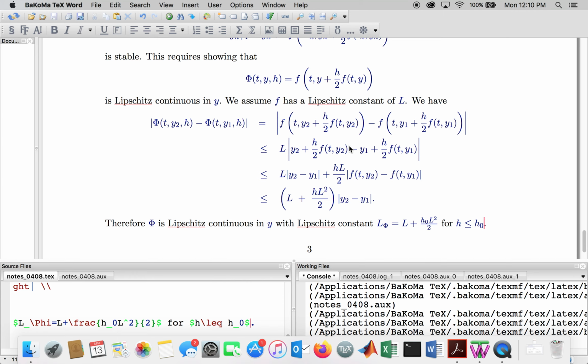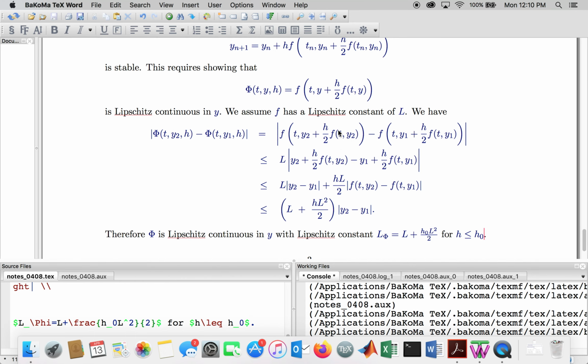Okay, so for a general one-step method, you identify a function phi, and you perform manipulations like this, piggybacking off of the Lipschitz constant of f that we assume exists. Now, for an implicit method, you have a little more work to do in that you have a difference of values of yn and values of yn plus 1.